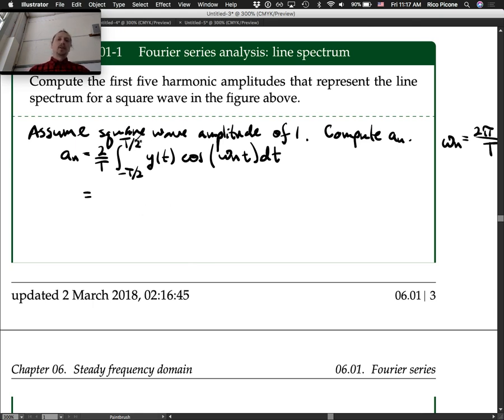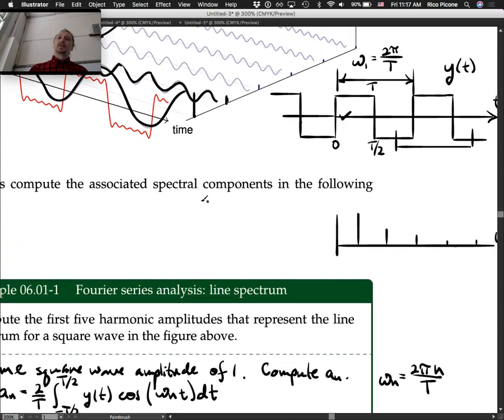We need to integrate over some period. We chose negative T over 2 to T over 2. And this y, this square wave, has 2 constant values that are easy to integrate over independently, but are hard to integrate over if you try to write one function that described it. So we just do it piecewise. We could integrate over this interval first, and then integrate over that interval second.